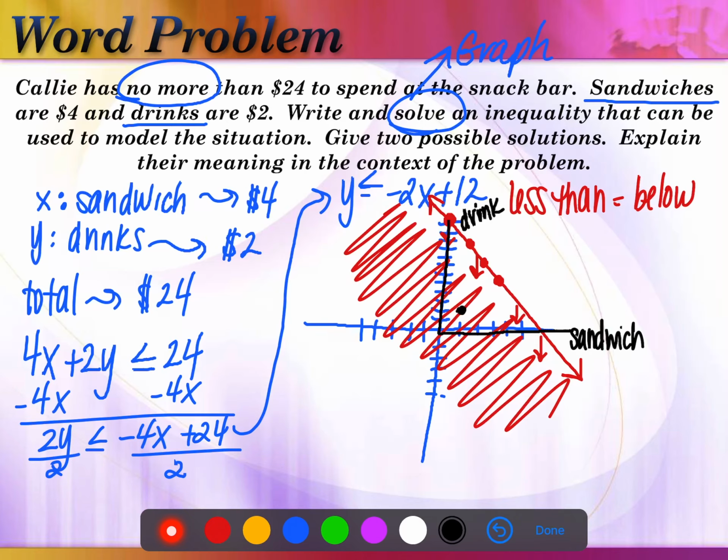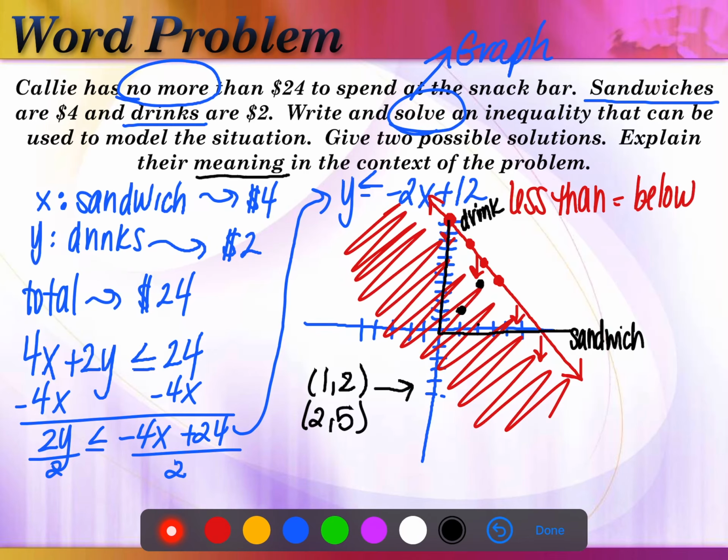Okay, so I could have 1 sandwich and 2 drinks. I could have 2 sandwiches and 5 drinks. Okay, there's plenty of other options. Those are going to be my 2. So my solution, I have 1 comma 2, and I said 2 comma 5, and explain their meaning in the context of the problem.